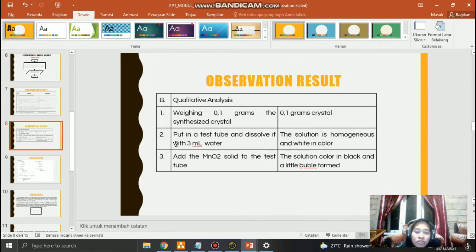Put it in a test tube and dissolve it with 3 ml of water. Observation: the solution is homogeneous and white in color. Treatment 3. Add the MnO2 solid to the test tube. Observation: the solution turns black and a little bubble is formed.